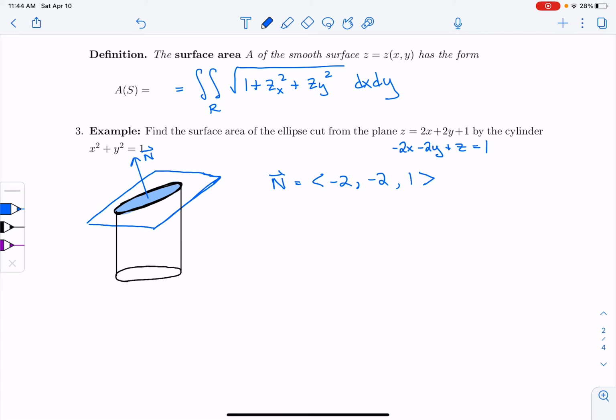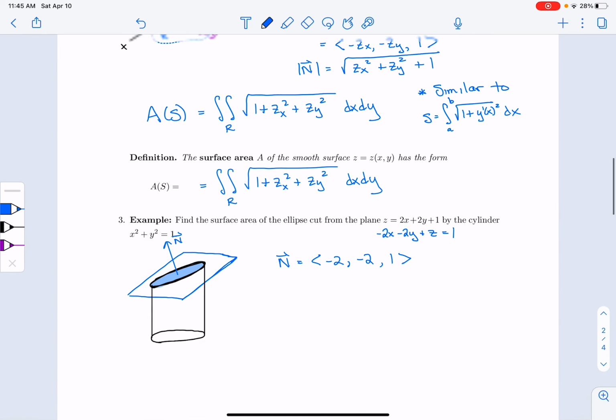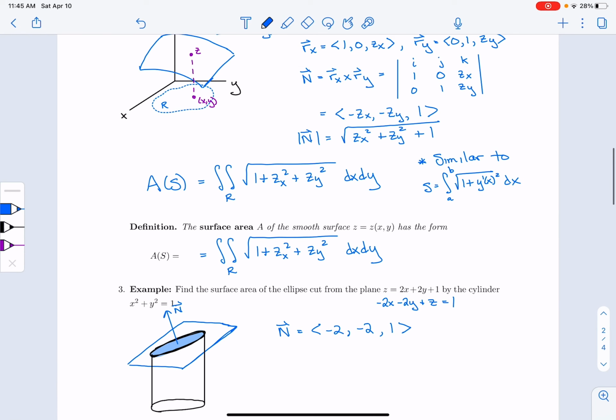Or I can think about it as negative the derivative of z with respect to x, which is negative 2, and negative the derivative of z with respect to y, which is negative 2, and then 1, like in my formula for the normal vector above.